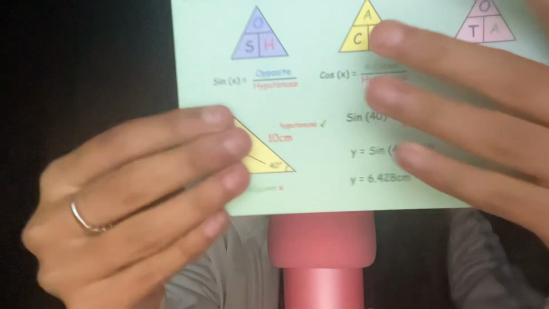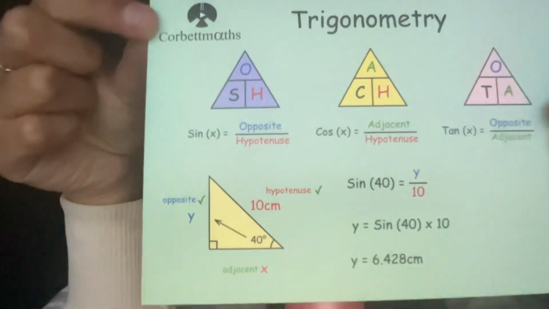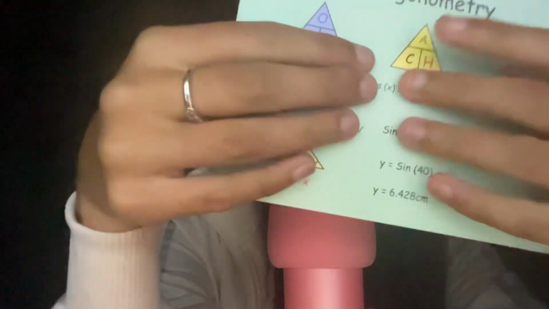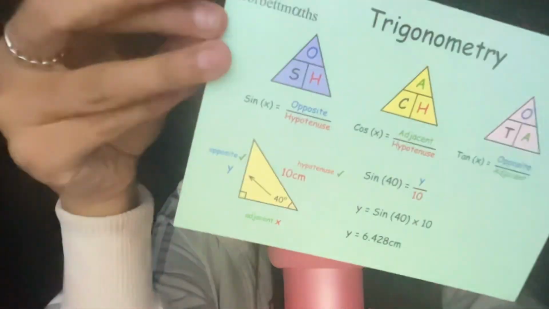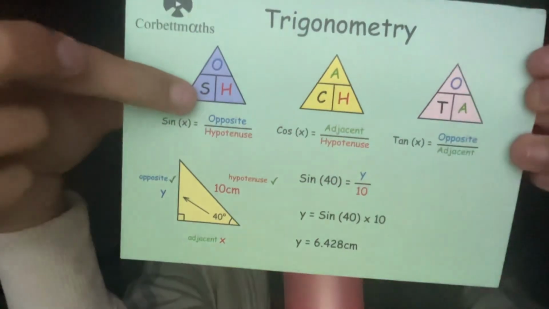Let's have a look. Okay. Here we have trigonometry, more trigonometry. The three values are sin, cos and tan as mentioned earlier. The way I remember it is SOHCAHTOA. Just remember that acronym.